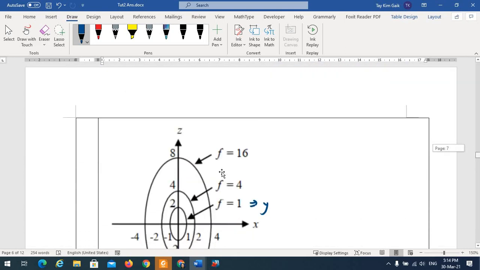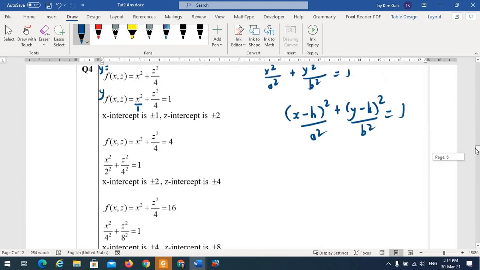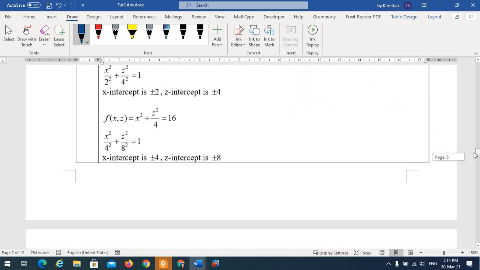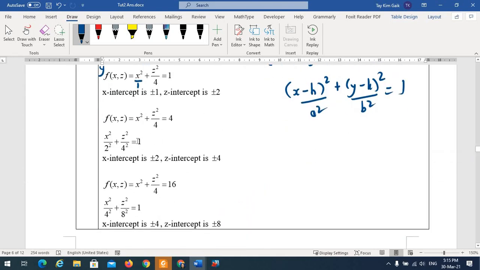Vertical axis, this is z, horizontal is x, and then getting an x and z intercept so that you can sketch your ellipse. So later on, when the function f(x,z) equals 4, you divide by 4 on both hand sides, so x squared divided by 4, or 2 squared.